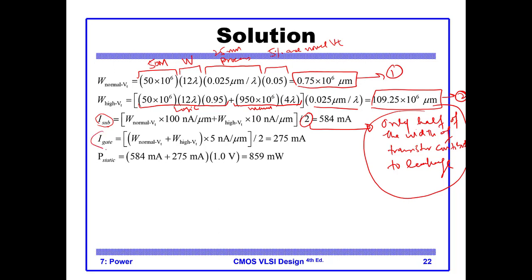Similarly, we can find the gate leakage current. We already found the width from equations 1 and 2, and the gate leakage current is given by this. So we get the total gate leakage current. We add up I gate plus I sub, multiply with our voltage, and we get the total static power consumption in our chip.